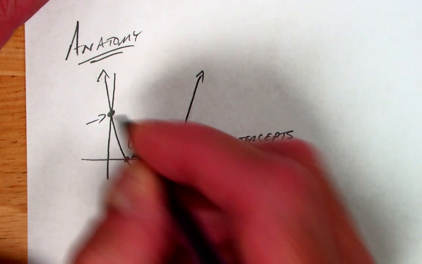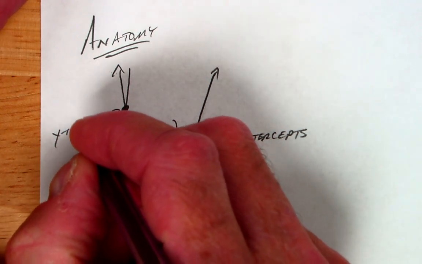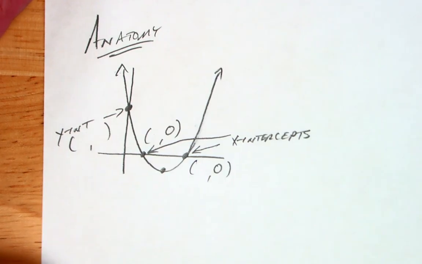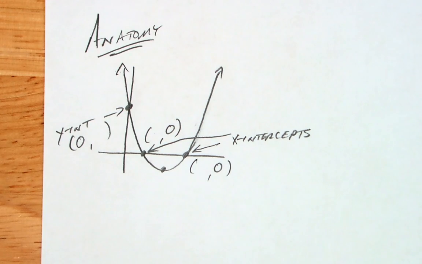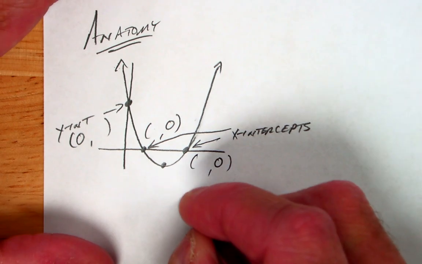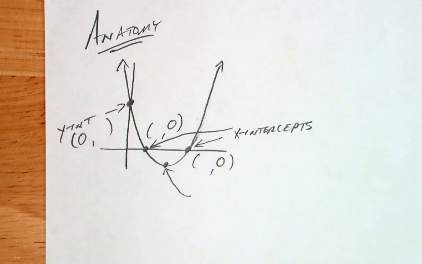This point right here, what is it? That's my y-intercept. And what's special about its coordinates? My x is 0. Because I didn't go left, I didn't go right. I just went up and down somewhere. Okay? And this point right here is often the most important point. What is that?